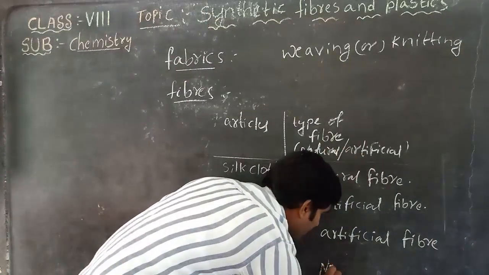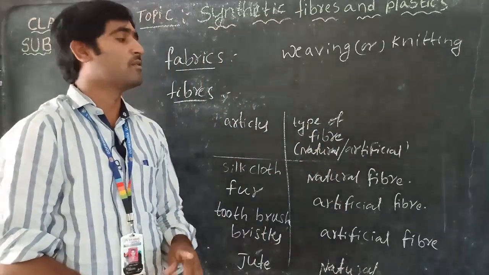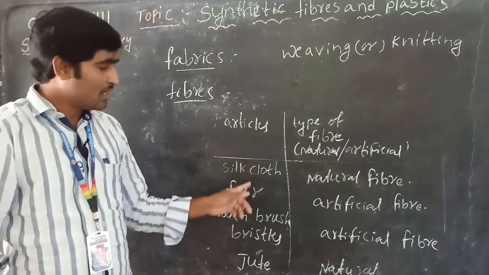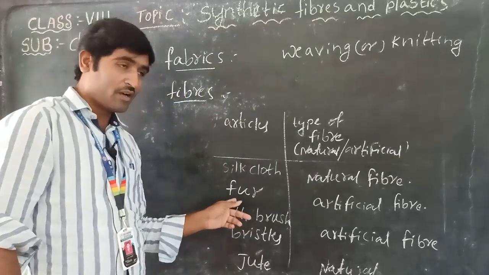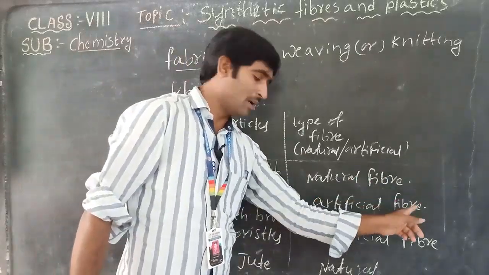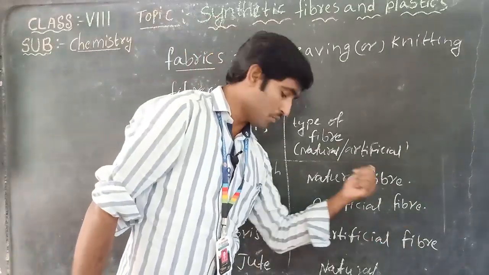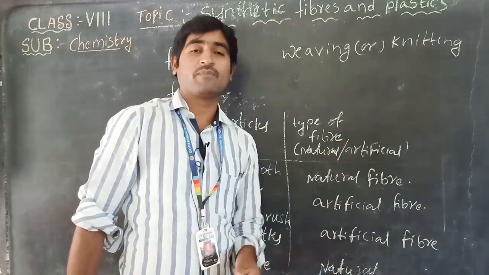Natural fiber. So here we discussed some examples of articles and which kind of fiber is used in making them. Silk cloth is made up of natural fiber. Fur is made up of artificial fiber. Toothbrush bristles are made up of artificial fiber. Jute is made up of natural fiber.